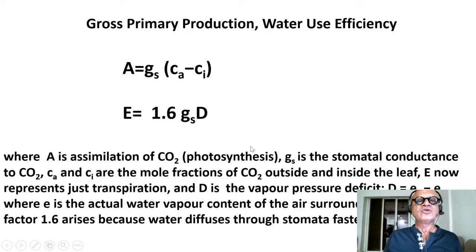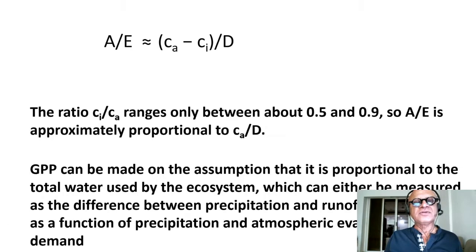So gross primary production is obviously a combination of this transpiration and assimilation of carbon. So A over E then is Ca approximately equal to air mole fraction minus leaf mole fraction of CO2 divided by the water vapor deficit.